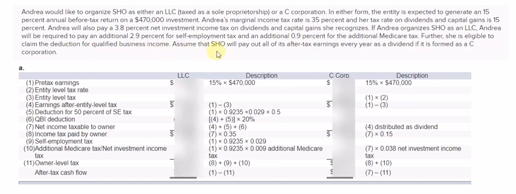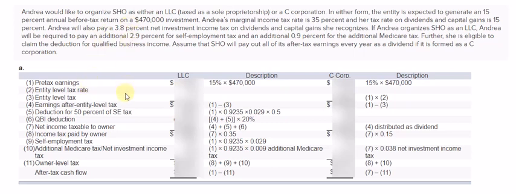Assume that Show will pay out all of its after-tax earnings every year as a dividend if it is formed as a C corporation. All right, so let's take a look at the LLC first. And here's the logic. First, you figure out what the pre-tax earnings are. They gave that to us at $470,000, right?